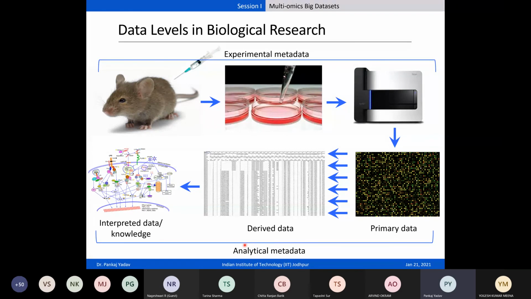So starting, let's say, from mice, and this is just an example, you collect, let's say, a blood sample, and after this you transfer it to a Petri dish, where you are probably checking for some anti-cancer or other kinds of growth functions.